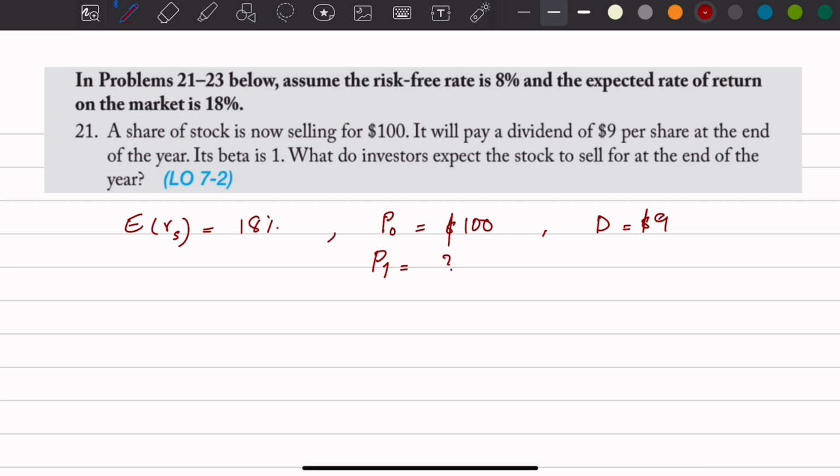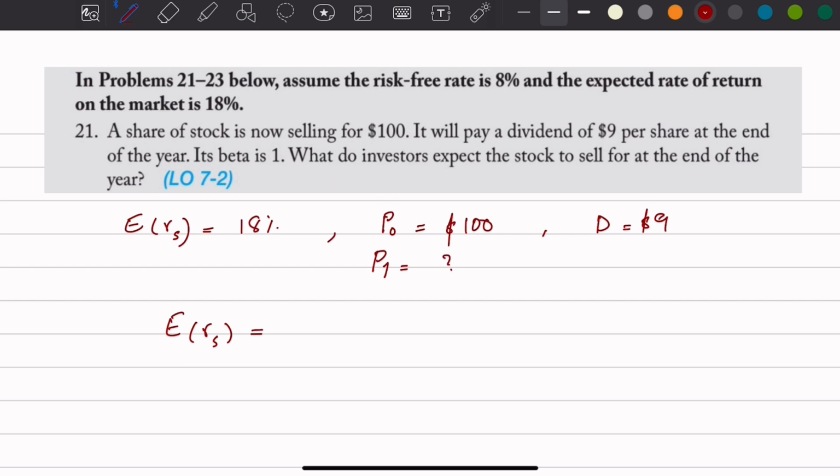Now we do have a formula that can link all of these data points together, which is that the expected return on a stock is equal to the capital gains on the stock plus the dividends, or the cash flows generated by the stock, divided by the cost of that stock.